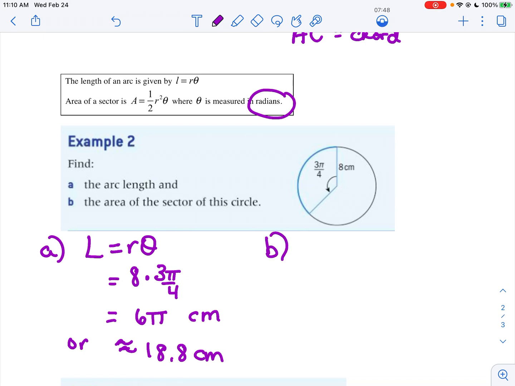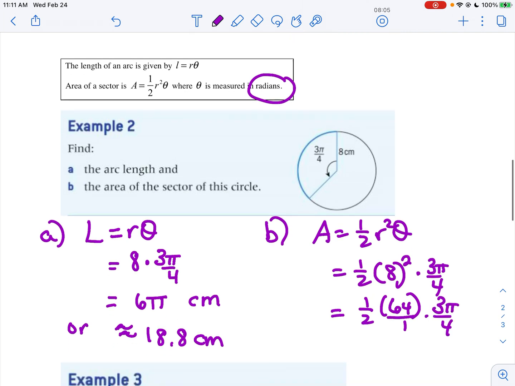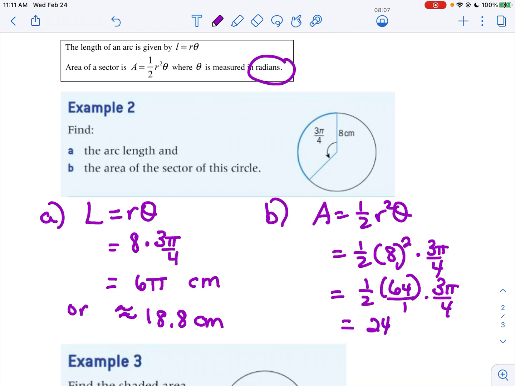The area of the sector, we're going to use 1/2 r squared theta. So it's 1/2 8 squared times 3 pi over 4. So I get 24 pi, or now you should use the approximately equal to symbol.